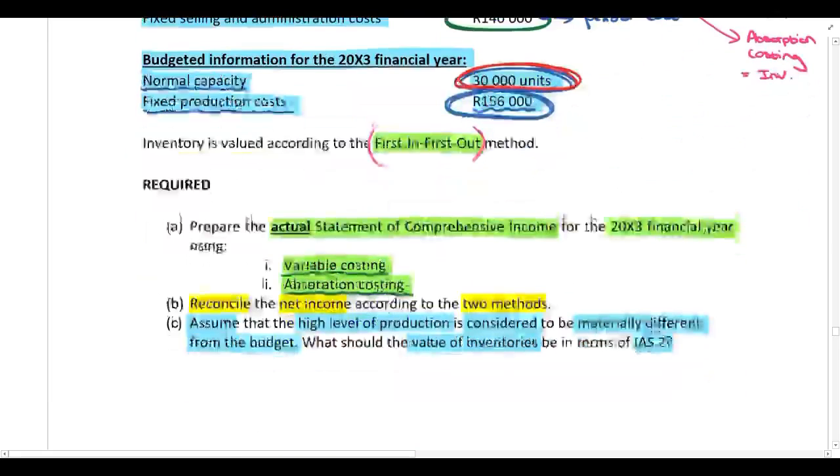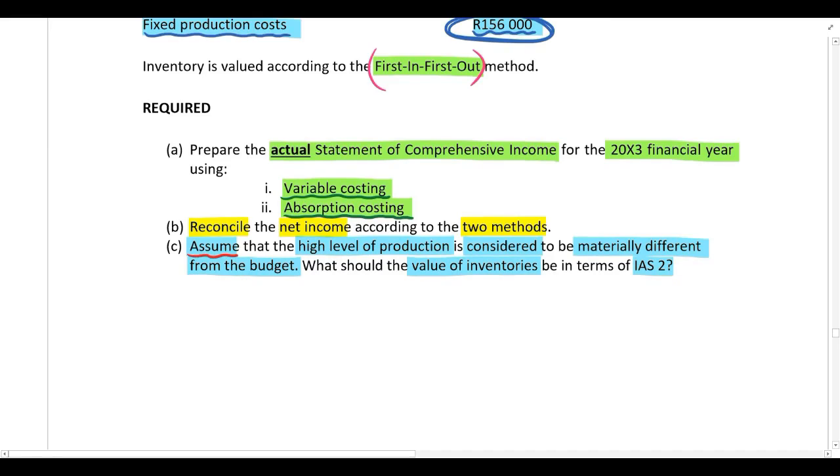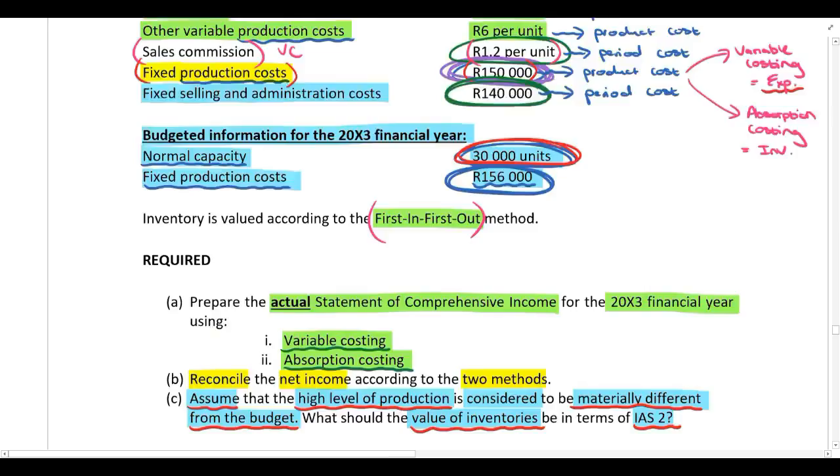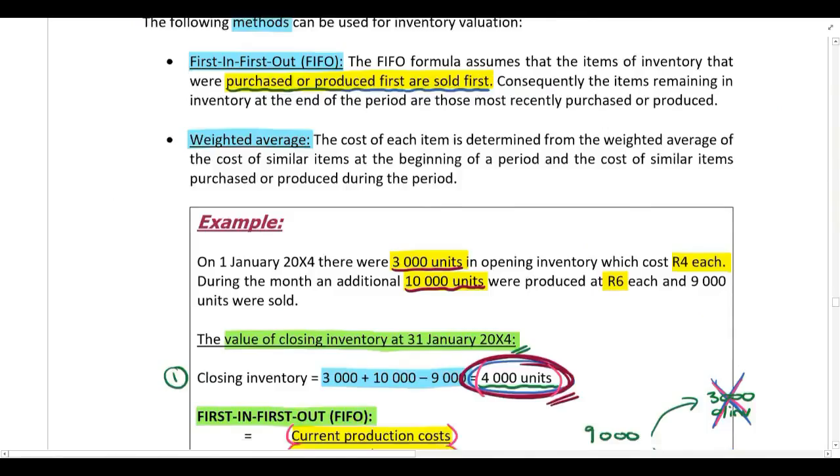So they are telling you to please assume that the high level of production is materially different from the budget. They actually ended up producing 32,000 units, and you need to assume that that is materially different from their normal capacity or their budget of 30,000 units. If we assume that, what should the value of inventory be in terms of IAS 2? Now I want you to go back to the extract from IAS 2 that I provided you with.